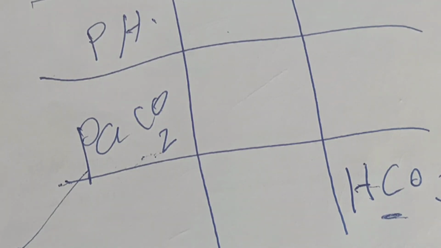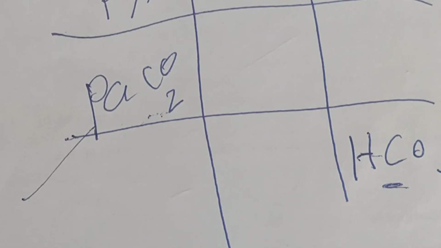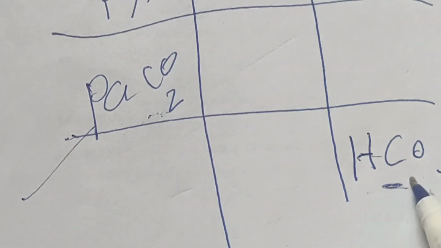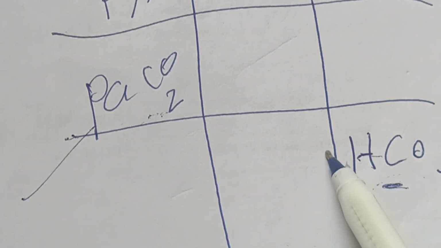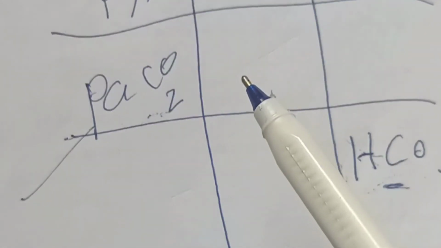Now the third question: compensating or not compensating. This is based on the pH. If your blood is acidic, your body compensates to bring it back to normal. For example, if you have a higher PaCO2, the body may compensate by increasing bicarbonate, to buffer or overcome the higher CO2.